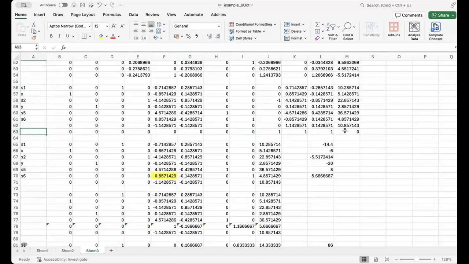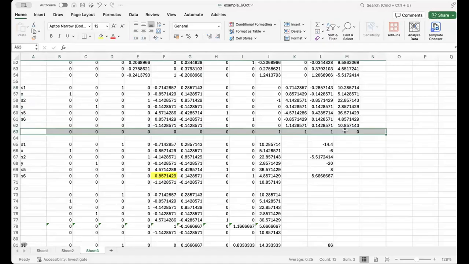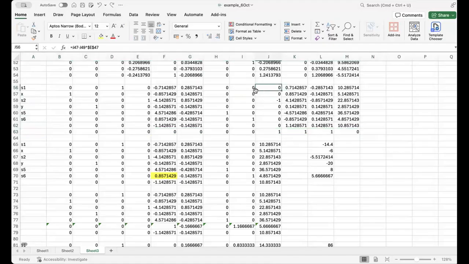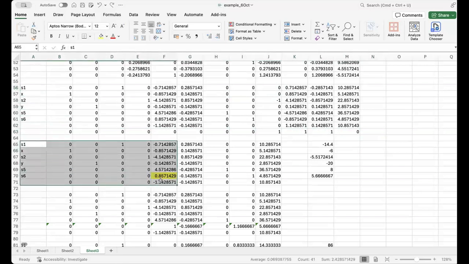We remove this row. We remove all the columns for E1, E2, E3. So the table is reduced to this table, where we remove all W coefficients and also all E variables.